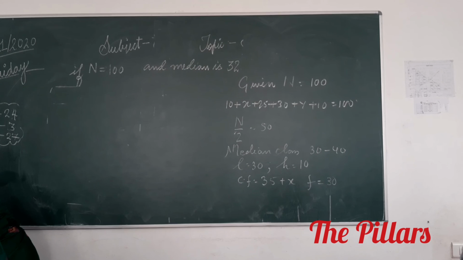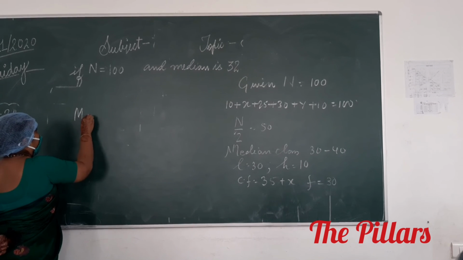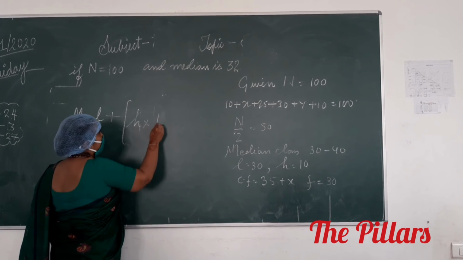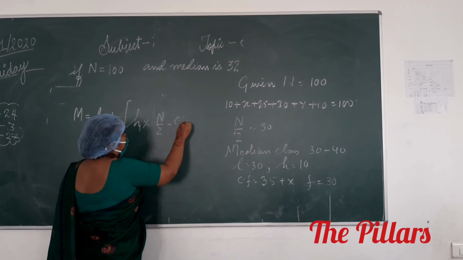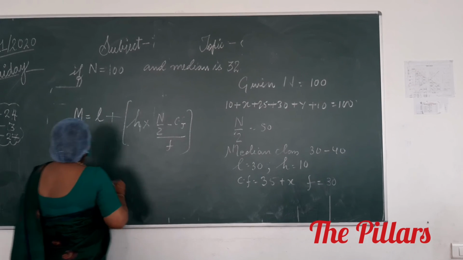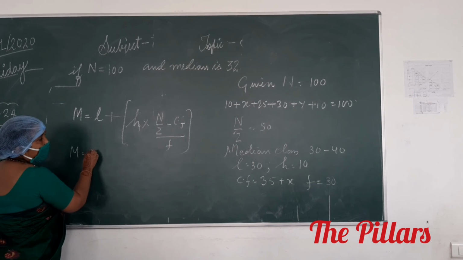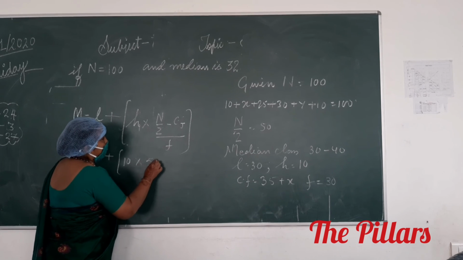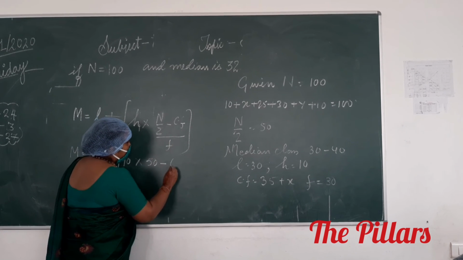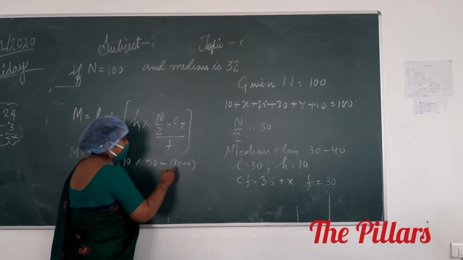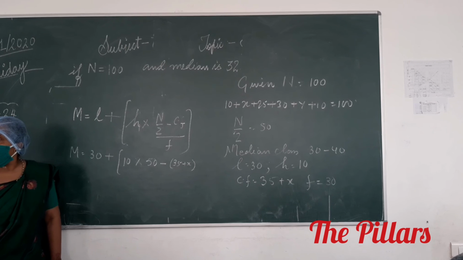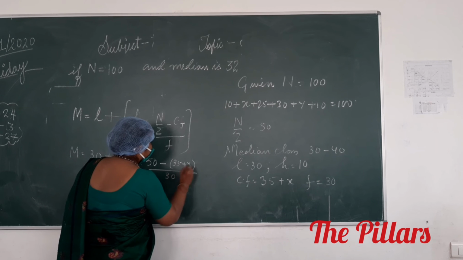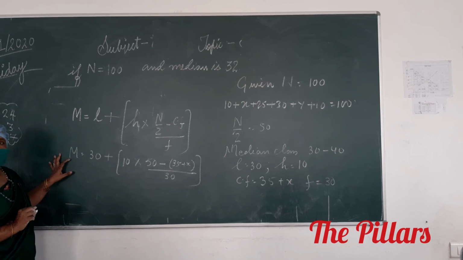Median is equal to L plus H into N by 2 minus CF upon F. So median is equal to lower limit 30 plus H, 10, into N by 2, 50, minus the preceding class, 35 plus X. Keep this in brackets because there is a minus sign in front. Upon F, which is 30.